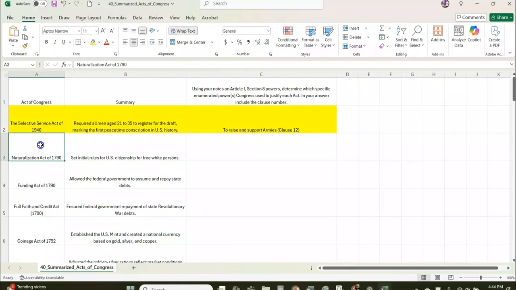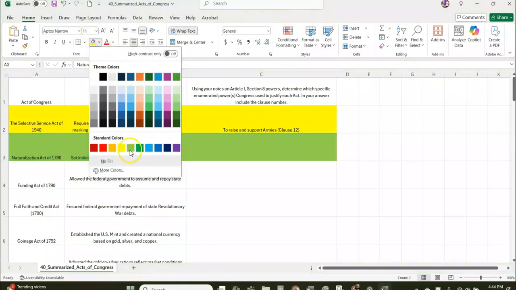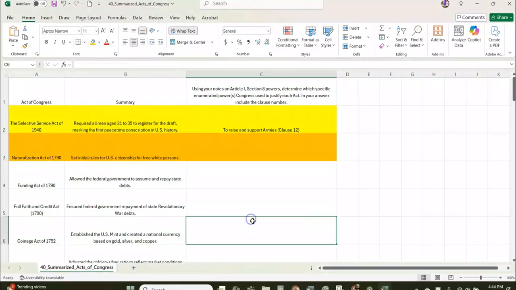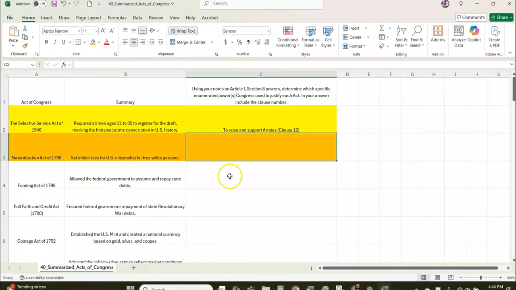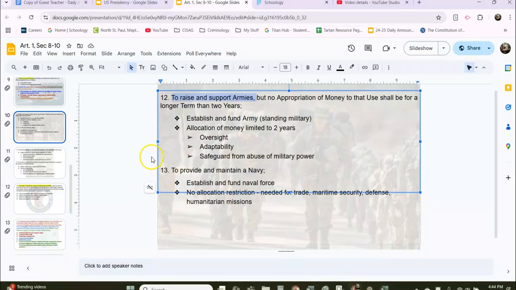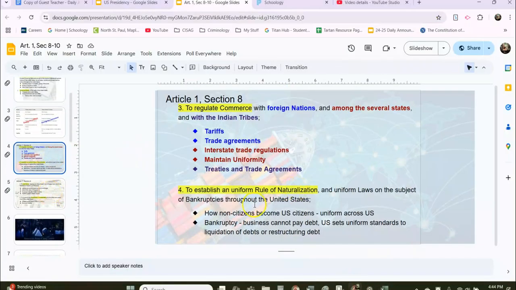So I'll do the next one with you as well. So if we look at this one, we'll do this one in a little orange. Congress made the Naturalization Act of 1790, and this set initial rules for citizenship for white people. Okay, so again, this one should be very self-explanatory, but I'm going to go back in my notes, and I know we talked about naturalization. So, oh, there it is.